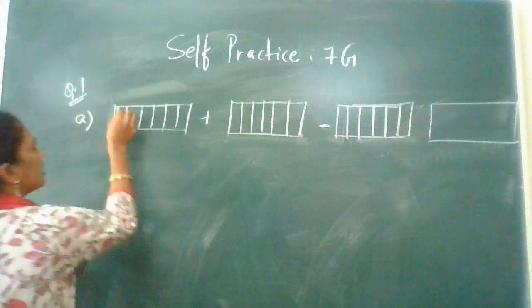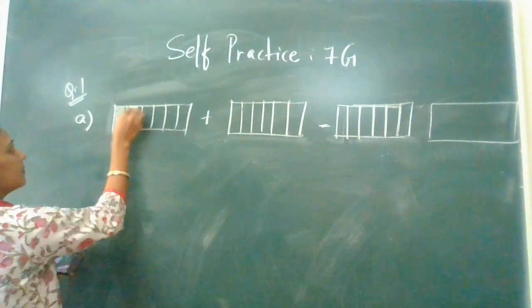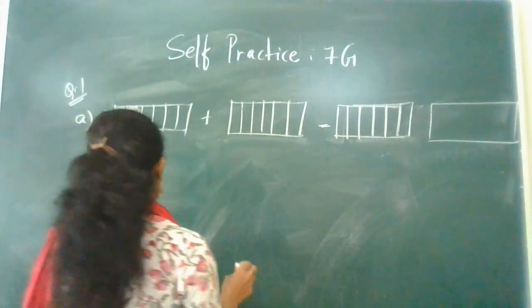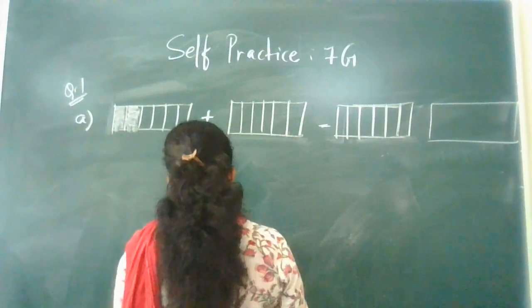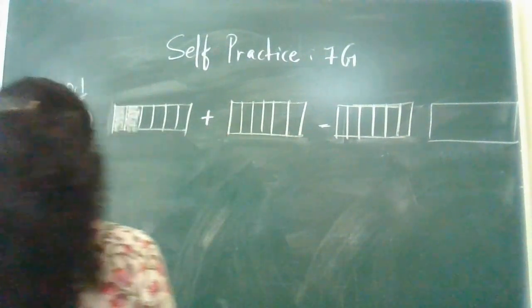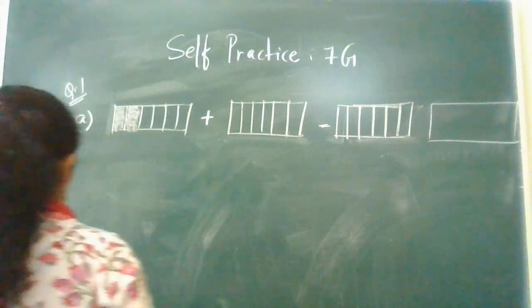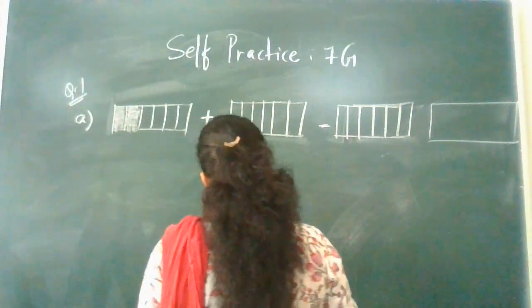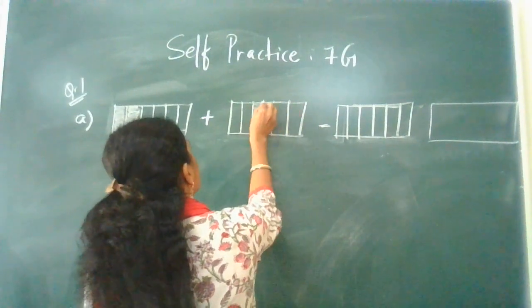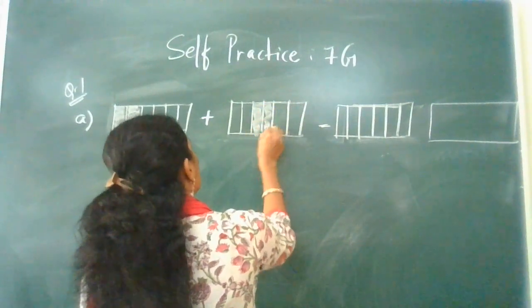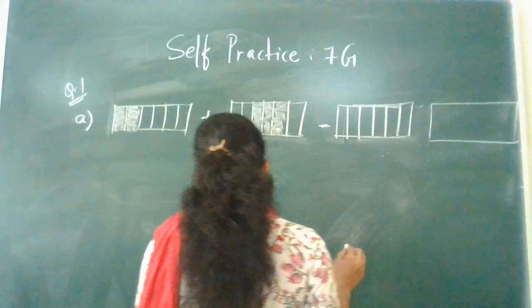Now in the first, they have shaded 2 parts. In the next, this is the plus sign, so you are doing addition. So in the next, they have done shading of 3 parts, 1, 2, and 3.